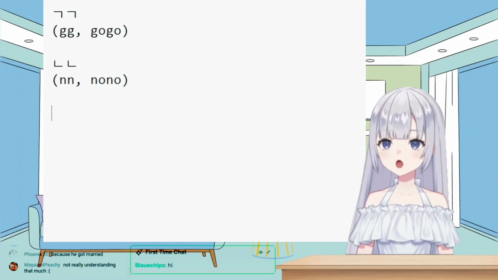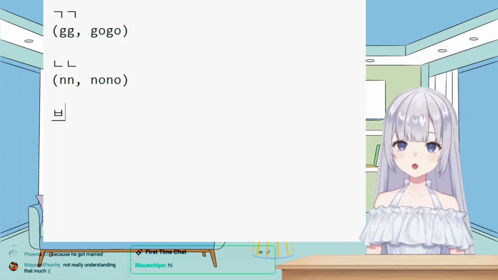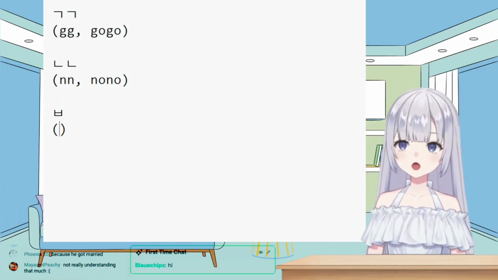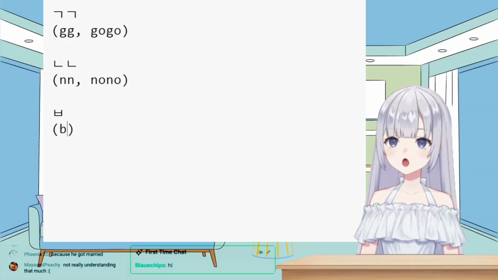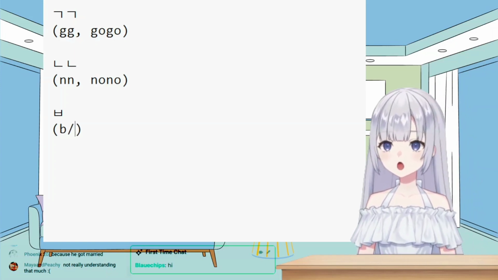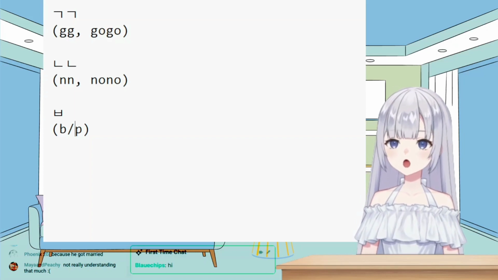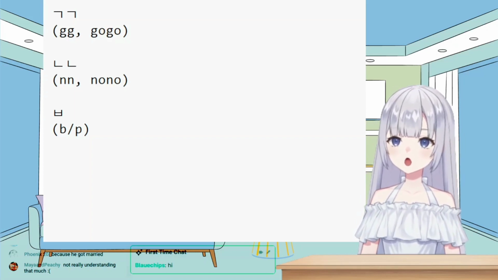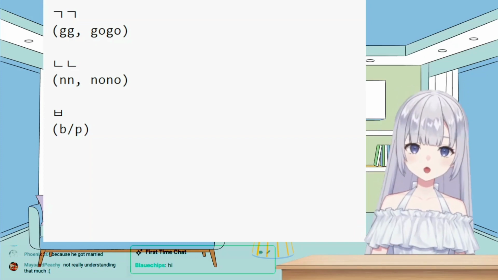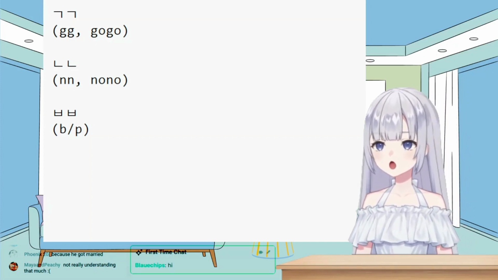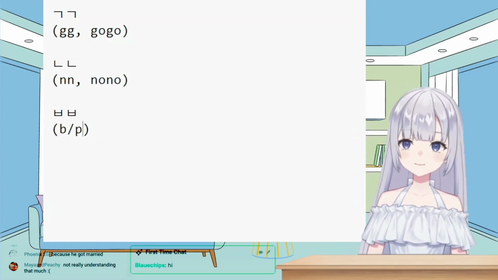I'm not exactly going in order of the alphabet, but next one would be this one. Koreans consider it a B sound, but when it comes in front of a letter, it sounds similar to P too, so it can be somewhere in between. So it's like pa. When there are two of them, that can mean bye.